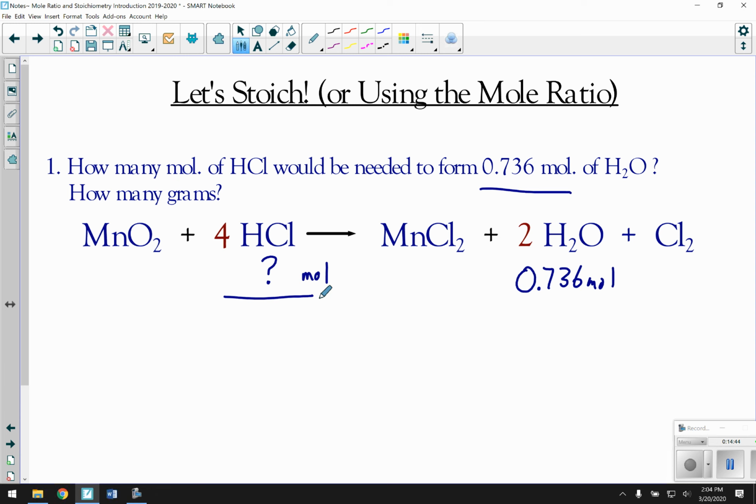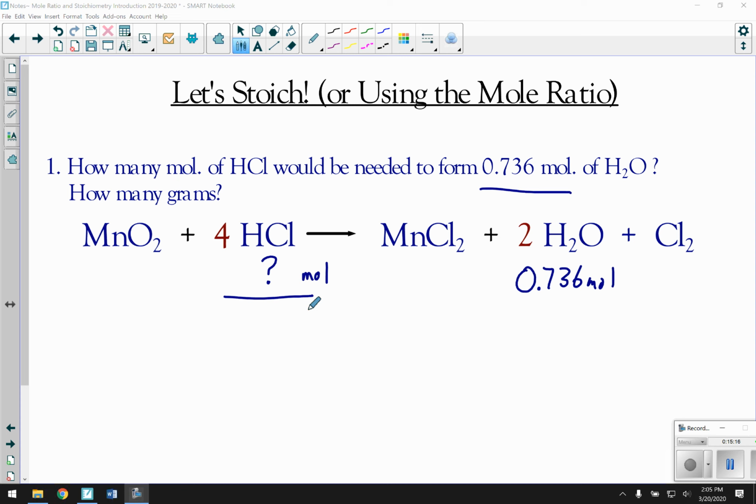So let's see how we might set this up using the mole ratio. Before we proceed, let's think about what we want to do here. We want to take the amount of water we want to make and relate that to the amount of HCl. Even though this really isn't a conversion per se, what we're really trying to do is relate two amounts, and we can set this up kind of like a conversion.